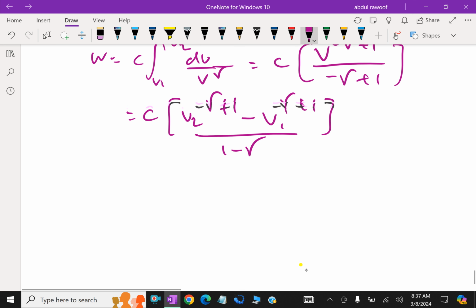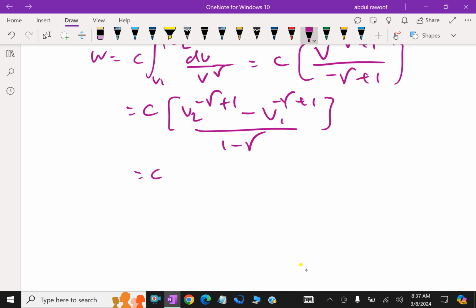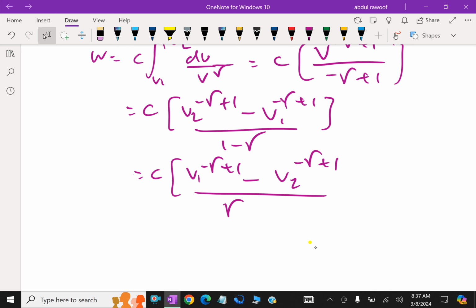Further it is equal C into, simplifying this, we can reverse, multiplying by minus, it becomes V1 power minus gamma plus 1 minus V2 power minus gamma plus 1 over gamma minus 1. Always gamma is greater than 1.